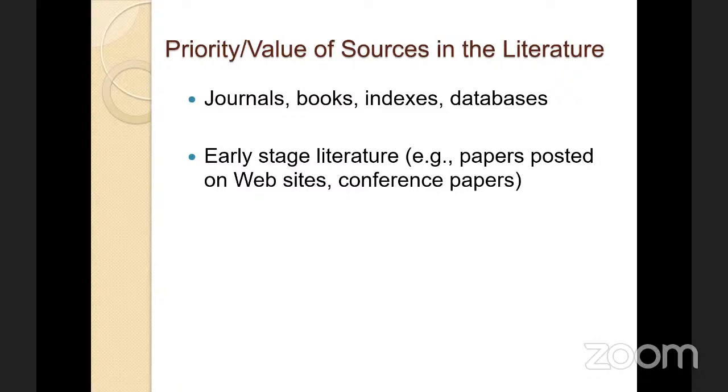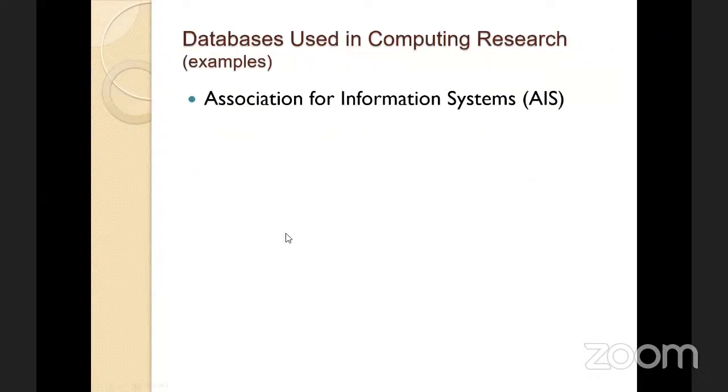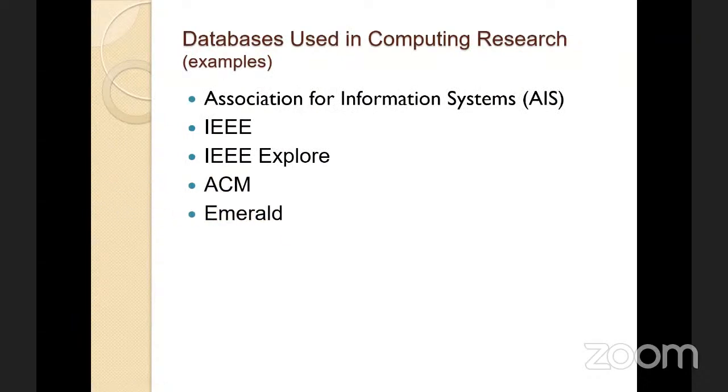Then you need to talk to your tutor or your lecturer or some other person who has knowledge of this so that they can give you feedback on whether you're on the right track. All right, so there's a whole series of databases used in computing research. This is a subset of them. So when you're looking for databases, you can think about using these.